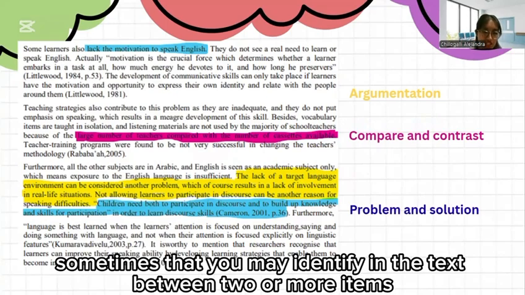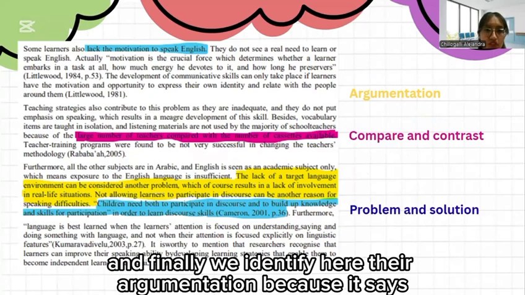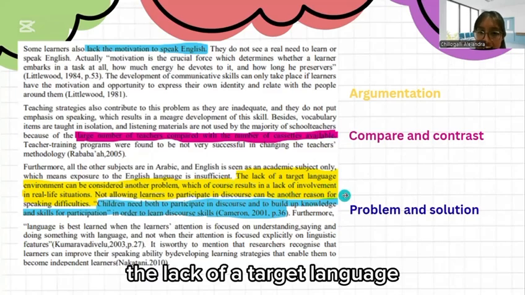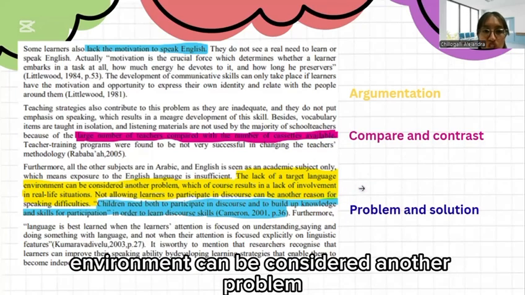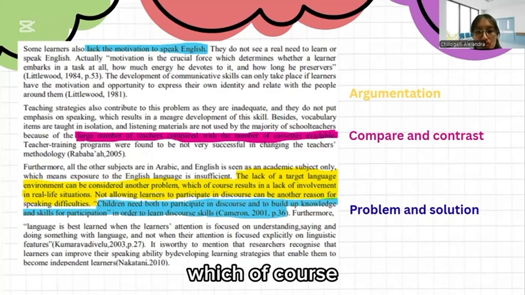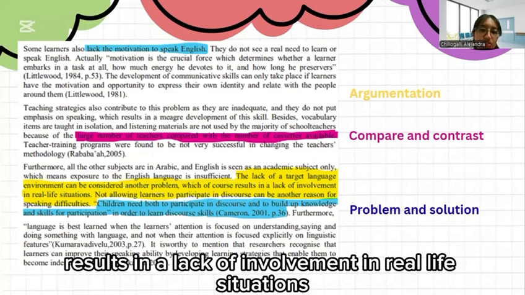And finally, we identify here the argumentation because it says the lack of a target language environment can be considered another problem, which of course results in a lack of involvement in real-life situations.